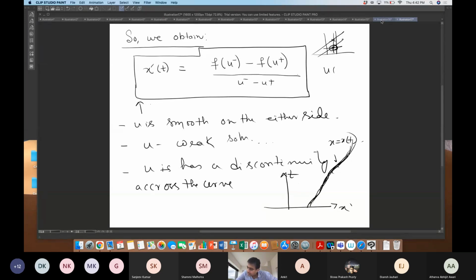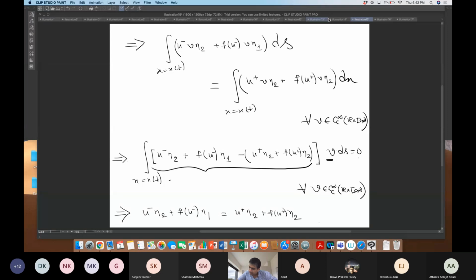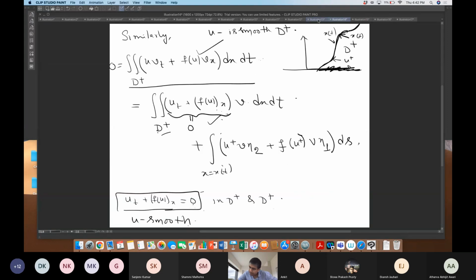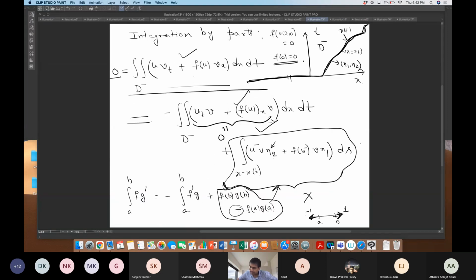The only thing you did not understand is this integration by parts. You know this integration by parts. At least you should understand why I have written this eta 2, eta 1 and all those things. Correct? Yes.